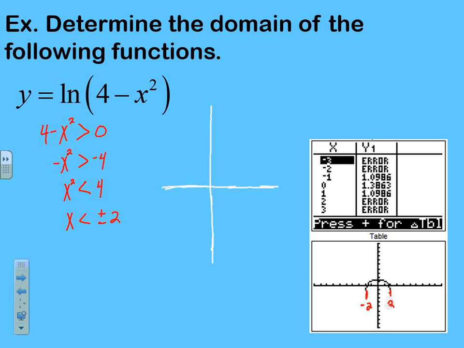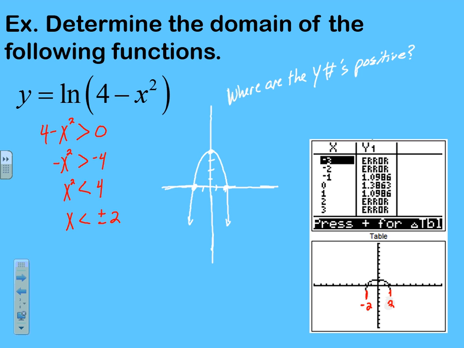So negative x squared and a 4 says that I'm going to touch the y-axis at a +4, and we've already essentially solved the quadratic, saying that it would have roots at a +2 and a -2. So when we graph this, it would go like so. And again, we want to ask ourselves, where are the y numbers positive? Okay.